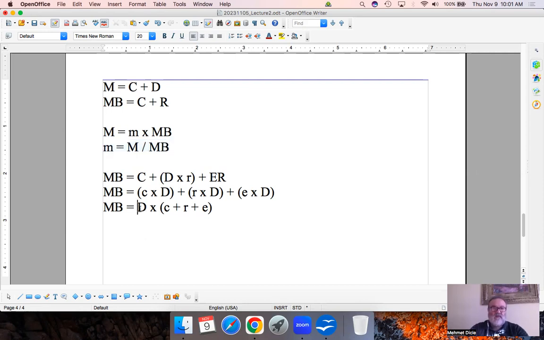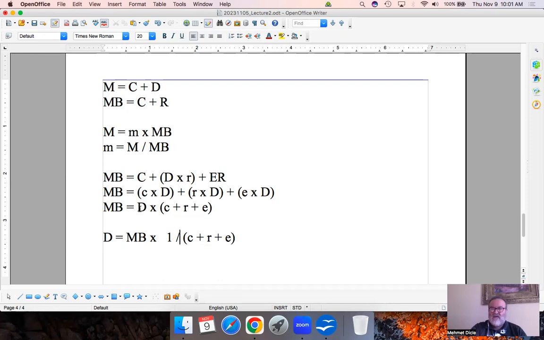So in this equation, what I need to eliminate is the D. I don't want to have D. So let's move the D to the other side, which would make it so that we have the monetary base times 1 over C plus R plus E, right?